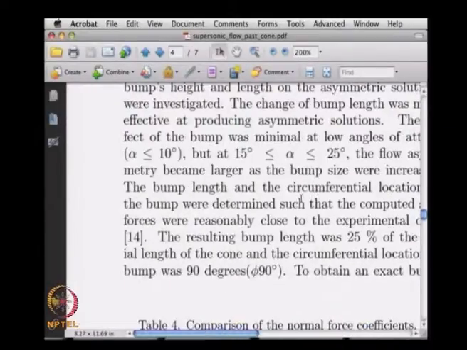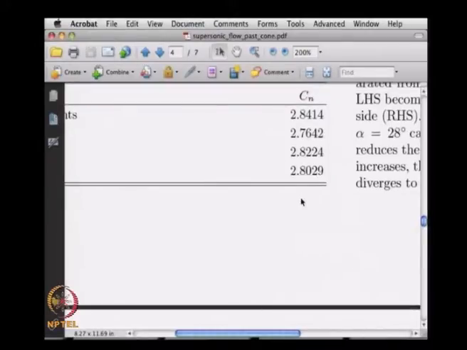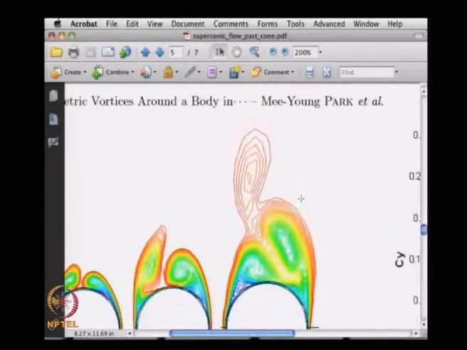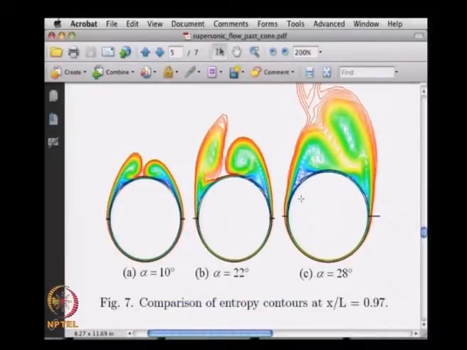Let us go and look at some others. They have some really nice ones. This is the one I think all of you will like: a comparison of entropy contours at x by L equal to 0.97, for different angles of attack. It's a very interesting picture, isn't it?